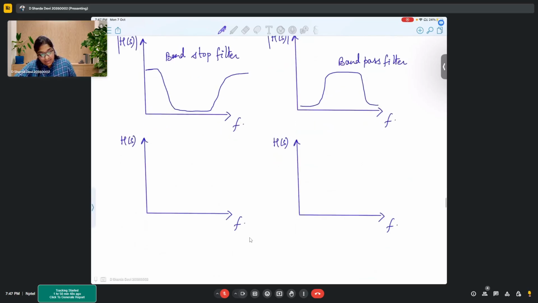Now, if my Bode plot magnitude plot looks like this, a straight line, then what can I comment on the behavior? All pass filter. Yes, it is an all-pass filter. So the question arises, why do you need an all-pass filter? If everything is passing through it, is there a point of having an all-pass filter?